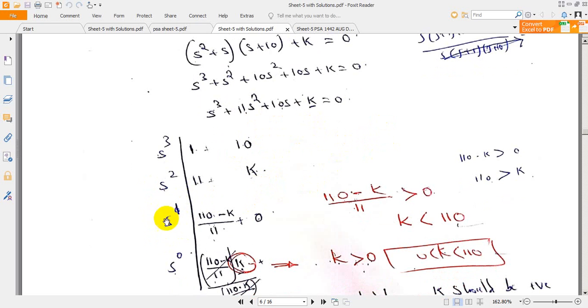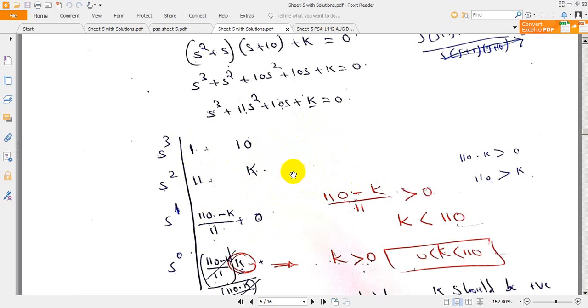Now let us calculate the s1 term. The s1 term will be 110 minus k divided by 11. So from 11 into 10, 11 into 10, you will get 110 minus k into 1, divided by 11, just above this expression. And coming to this expression, k is moved to this side, k into the value present here, nothing is there, so it will be 0.